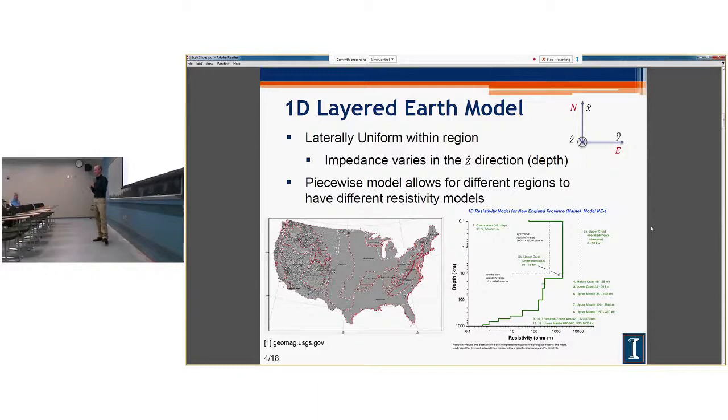This is divided up into these different regions, as you see here, and everything in one of these candy-cane coded regions has the same conductivity structure. As you move to a different region, it is different. Things that factor into that can be mountains, lakes, oceans, deserts, stuff like that.